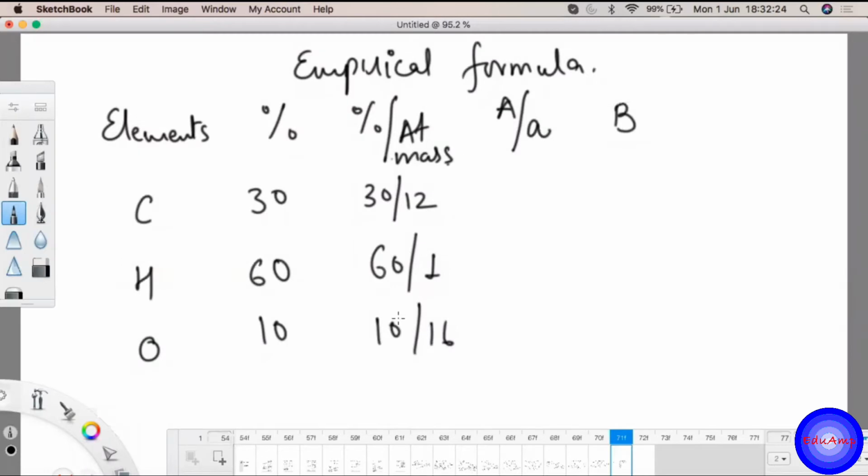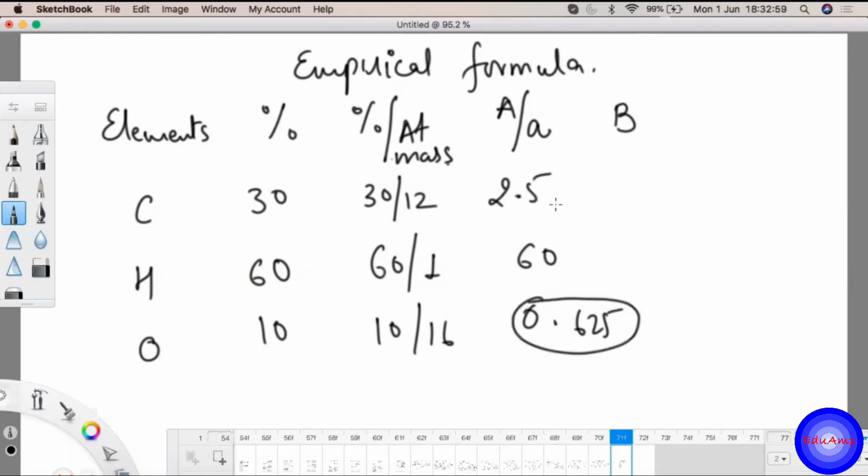So 30 divided by 12 comes to 2.5, 60 divided by 1 is 60, and 10 divided by 16 is 0.625. Out of these three, 0.625 is the smallest one.